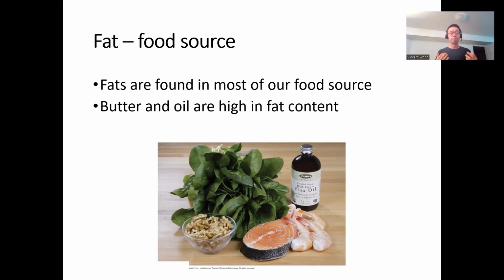There are vegetables and nuts that are high in fat content. And if you really want to consume fat on its own, then we have butter, oil, and margarine. All those things are really high in fat content.